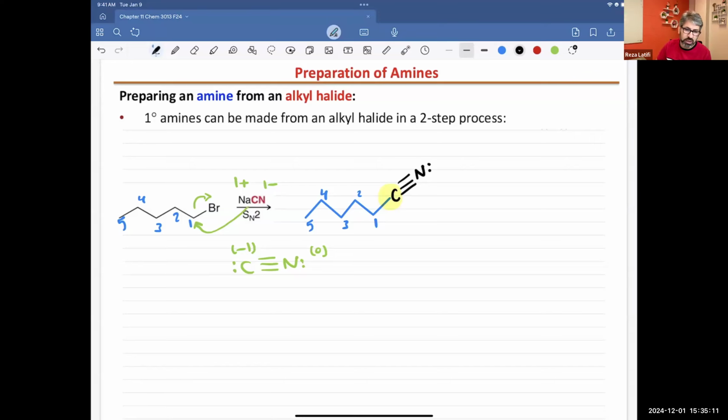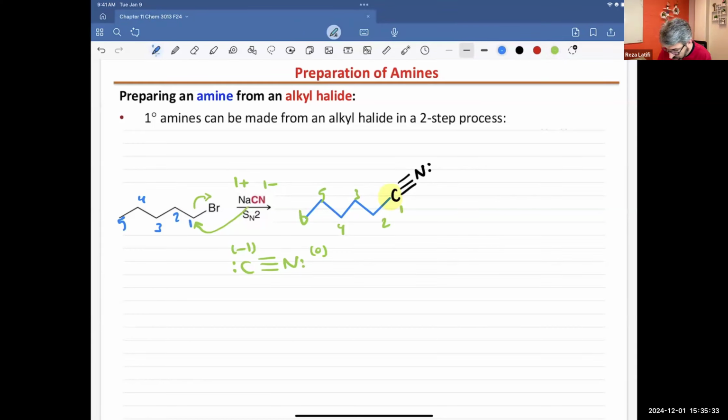So we get one more carbon. Now we will technically have 6 carbons. If I go back and label them, from 5 carbons, now I have 1, 2, 3, 4, 5, 6. I ended with 6 carbons, so I got 1 new carbon.